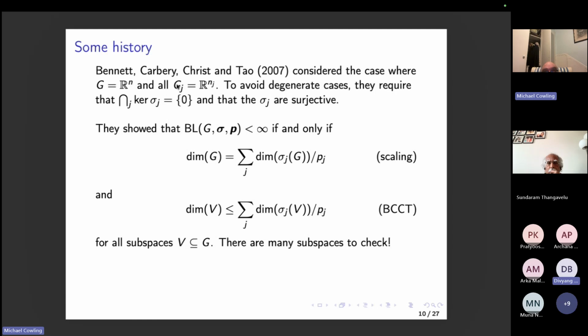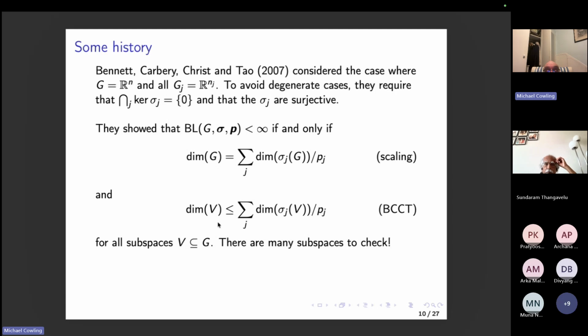And it's very easy to see that when you dilate functions and calculate L1 norms or L^p norms, then you change by the dilate to some power, and the power involves the dimension of the space that you're working with. And if there's an L^p involved, then you divide by p. And this gives rise to the scaling condition.